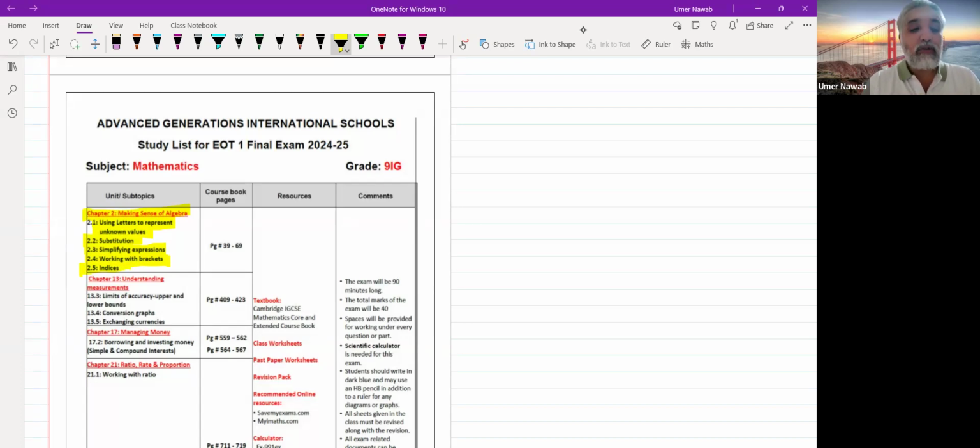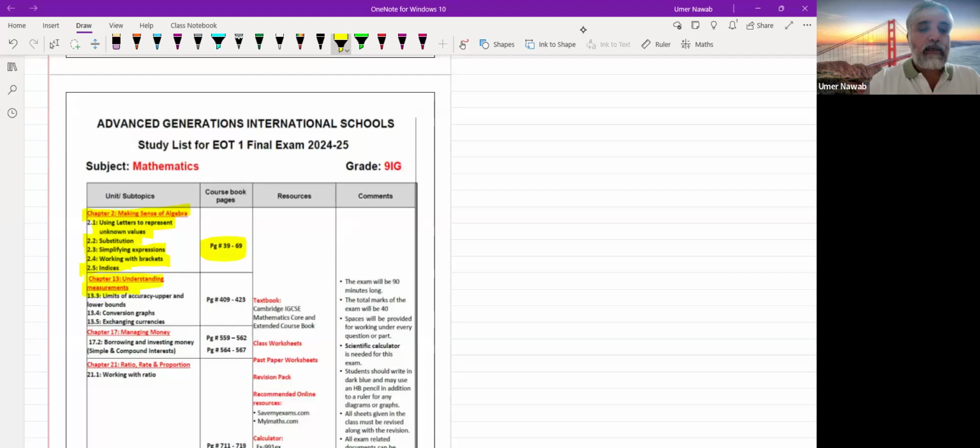So when I reach indices, I will explain it in detail so that you can revise what we have done in the class and see how we are going to apply this concept in doing some past paper questions. If you want to do some practice from the book at home, I have given you reference from the book 39 to 69.